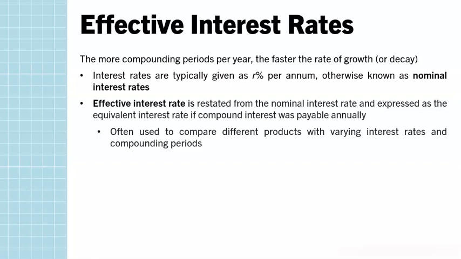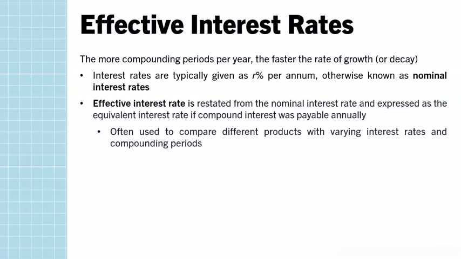So typically we're given those interest rates as a rate per annum, and they are sometimes known as a nominal interest rate. Effective interest rates is when we are restating that nominal rate and expressing that as an equivalent interest rate if the compound interest was payable annually. So we're going to have a look at a little example as to what that looks like.